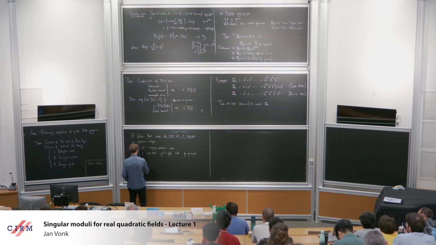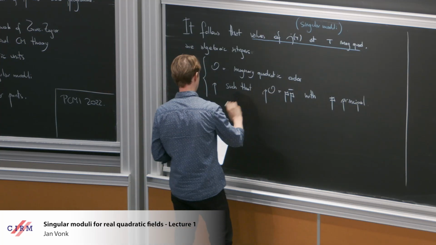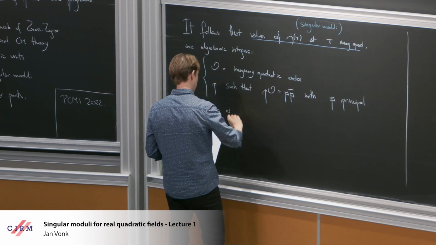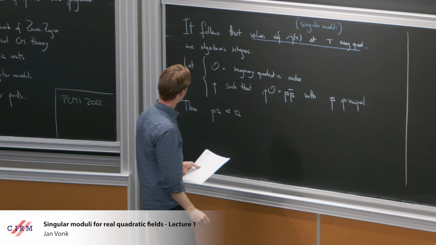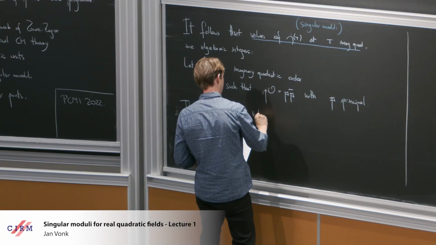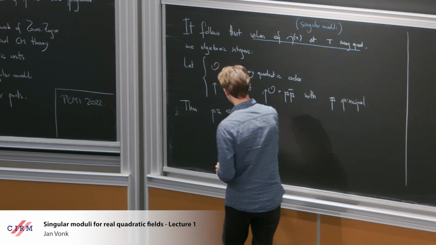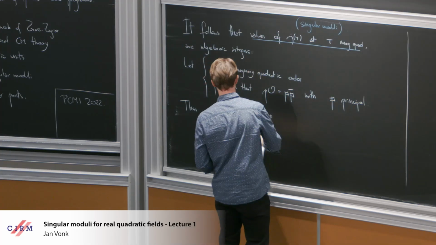Then, if I take any fractional ideal A in this ring O, and if O is not maximal, it's not Dedekind, then it's better to take A just to be an invertible ideal. So then this inclusion here has index P.